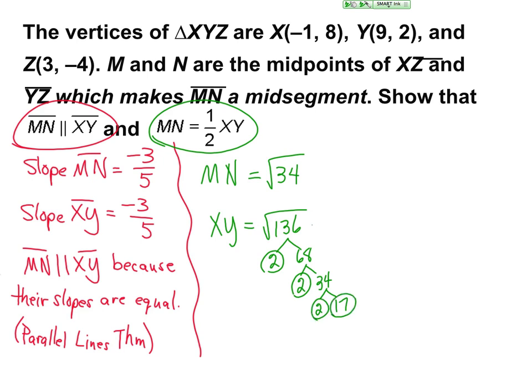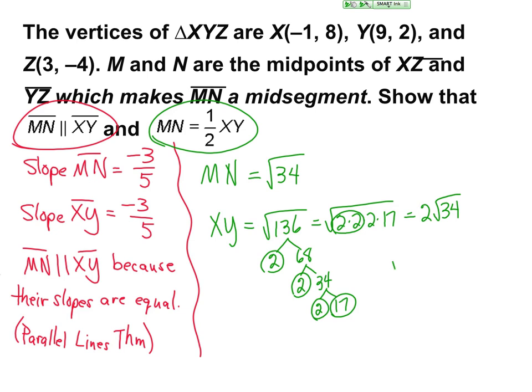What do we do when we try and simplify? How did we know whether it can simplify out? If there was a pair. We got a pair of 2's, but the 2 and the 17, there's not a pair. So back together, that's 34.